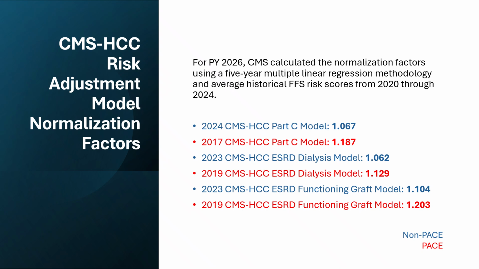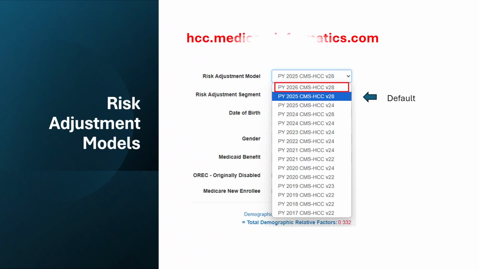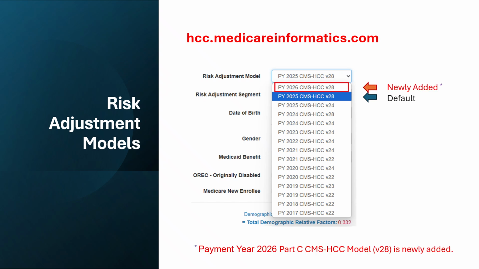The new risk adjustment model, payment year 2026 Part C CMS-HCC model V28, is added in the Medicare Informatics risk adjustment calculators. It will be changed to the default value this year in September or October, when the new 2026 ICD-10 to HCC mapping is available.